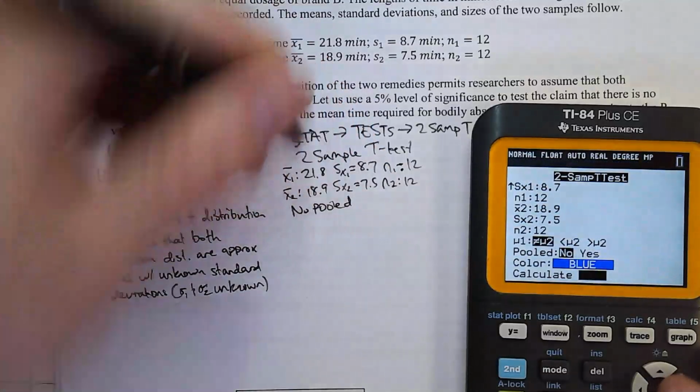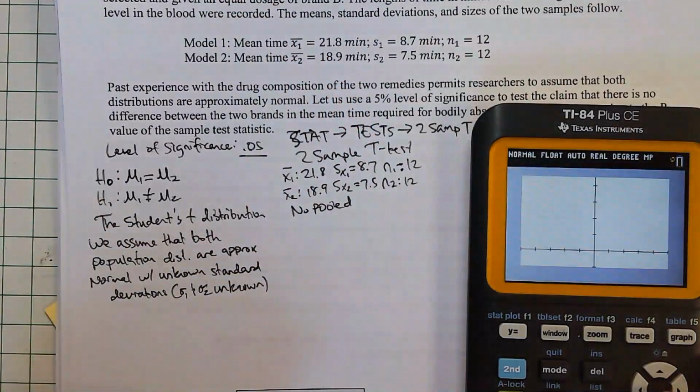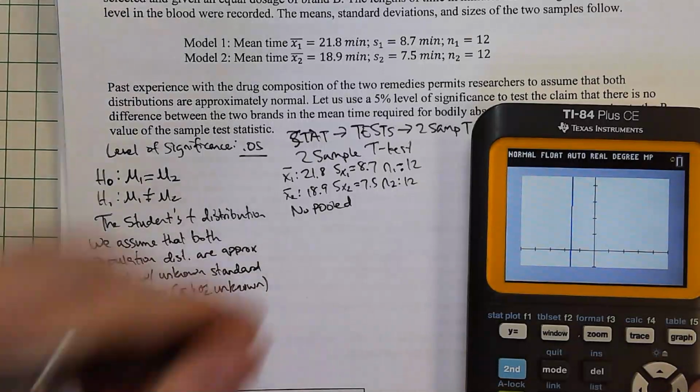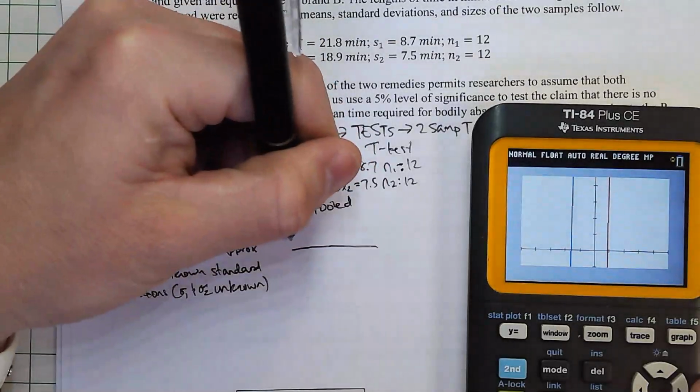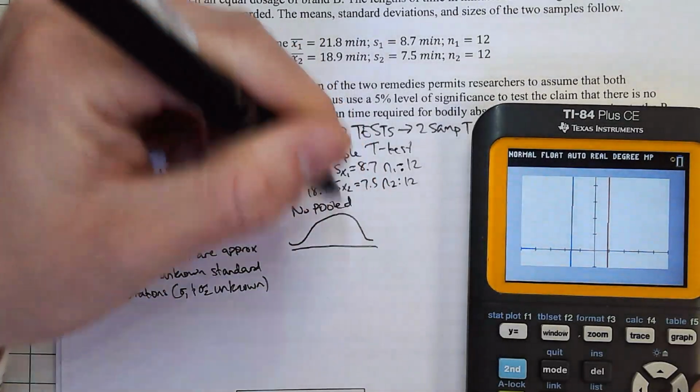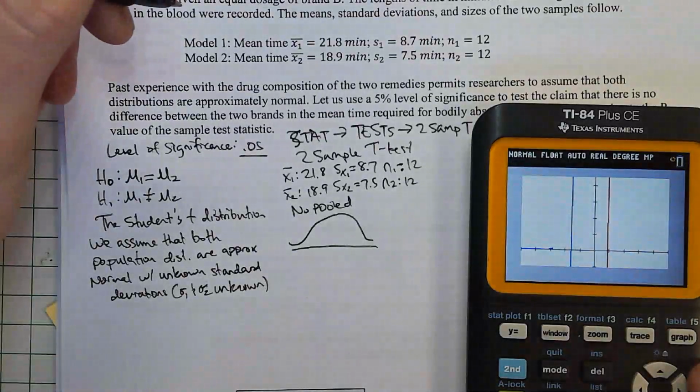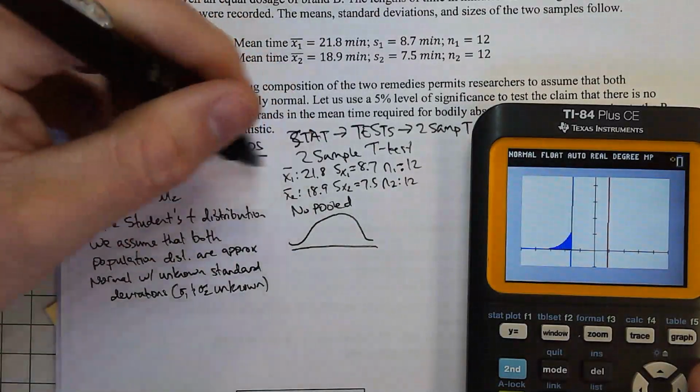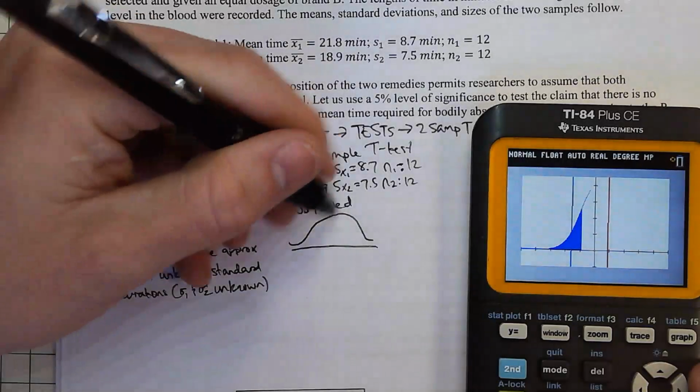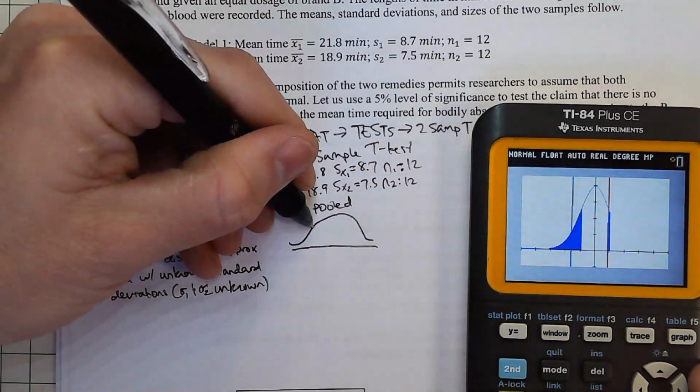And I'm just going to do draw. I like doing the draw because I can see the curve. I meant to delete those earlier, I apologize. On this one, I'll draw a curve here, and it's going to be two-tailed again because it's not equal to. So we're going to have two tails shaded.